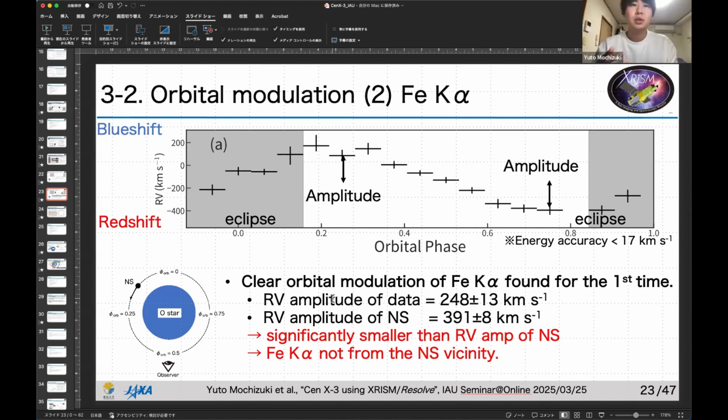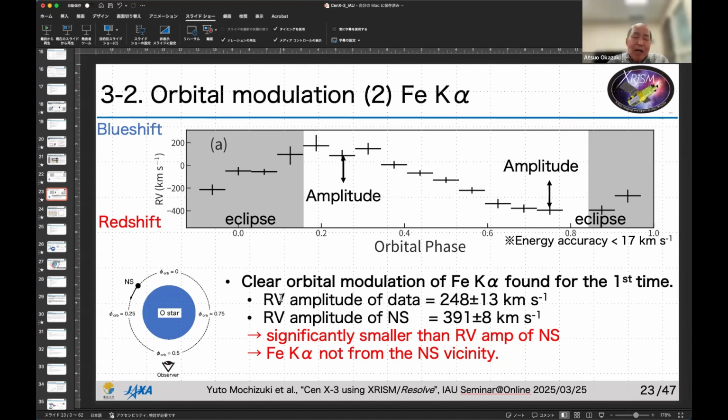So if the origin is the disk, it is too close to the O star, so this cannot explain the radial velocity. That is what I think about the origin and the accretion disk.